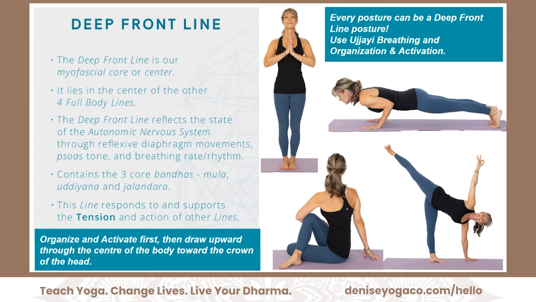These emotional, mental, nervous system states are reflected in the structures of the deep front line. If you're nervous, anxious, frightened, or even excited or efforting, your diaphragm behaves differently. It does not behave the same during effort or stress as it does at rest.